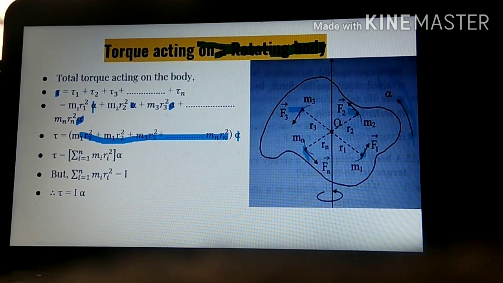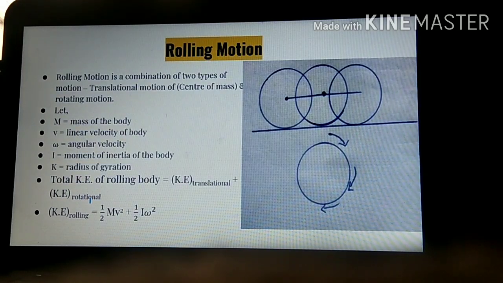And this whole sum, M1 R1 square plus M2 R2 square plus M3 R3 square plus Mn Rn square, is denoting inertia. This whole can be denoted as moment of inertia I. So tau can be written as I into alpha. Torque is equal to moment of inertia into angular acceleration.